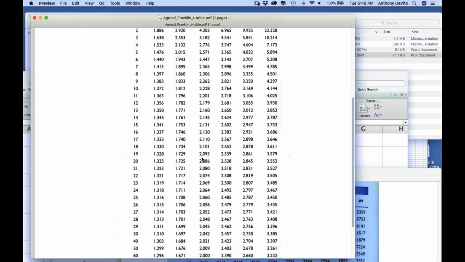Okay, let's do another example for determining what the t-score has to be. Let's say we want to do a 90% confidence interval, right? That would be 10% chance of being wrong, right? And we want a sample size of 10.